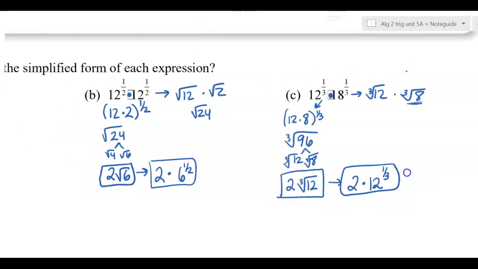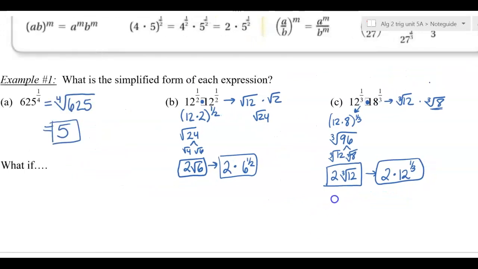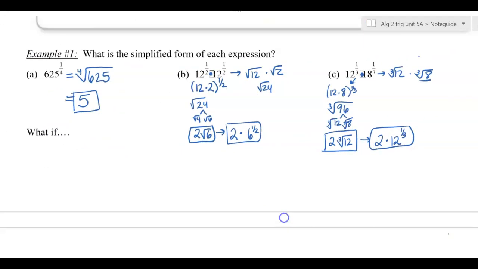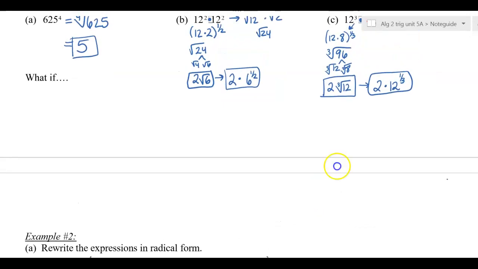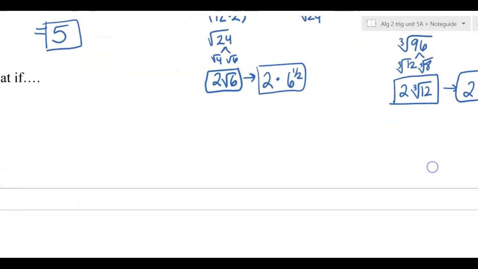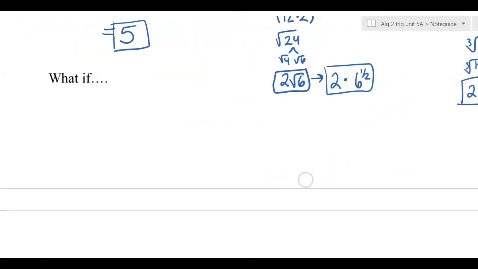Okay. All right. So this gets a little bit tricky, not going to lie. All right. So we're going to just do a lot of rewriting today. But before we do that, there is an idea of simplifying that we have to be really, really careful of. So normally, when we simplify radicals, we always think of just taking as much out of the radical as you can. But now that you're studying things bigger than square roots, there's more things to simplify.